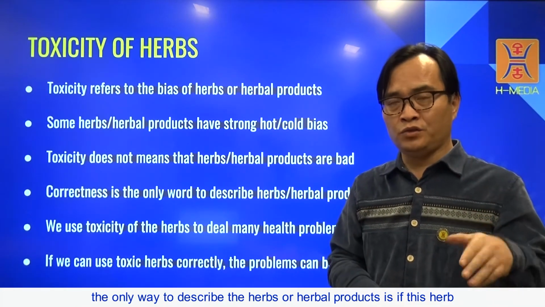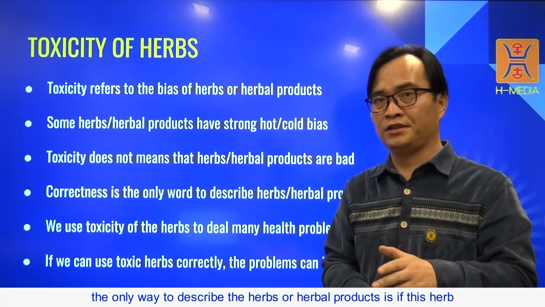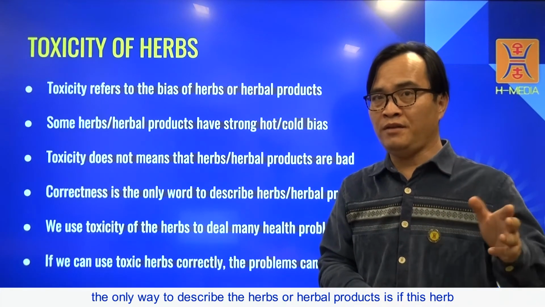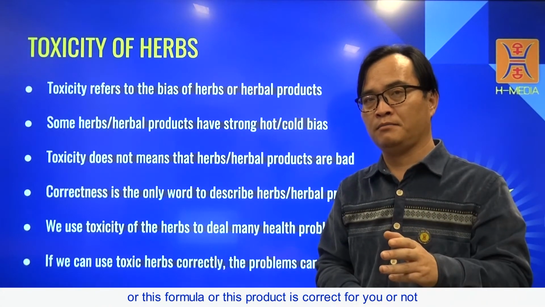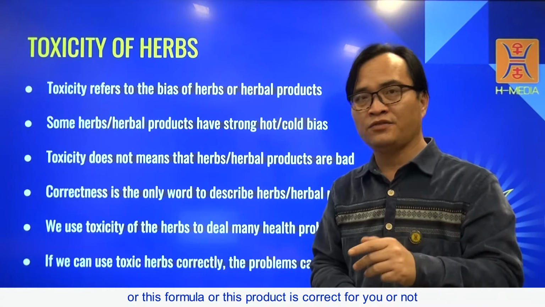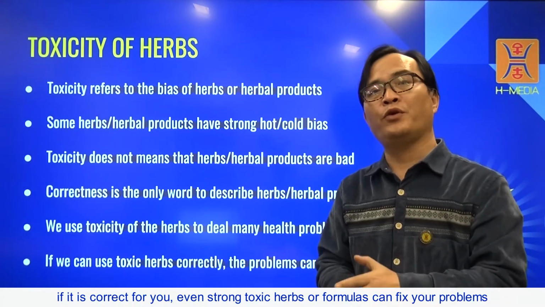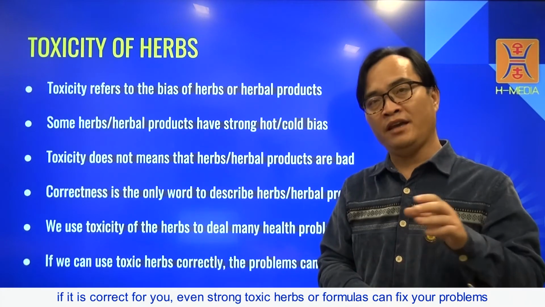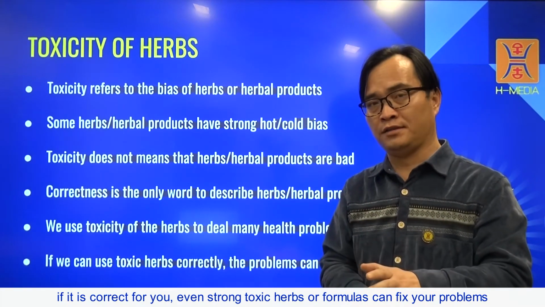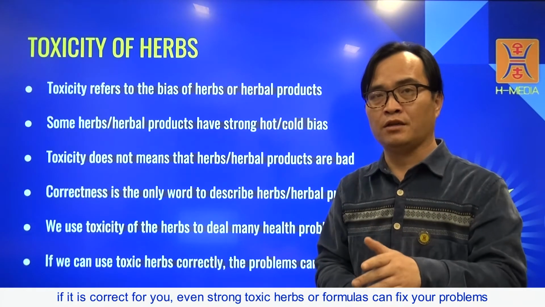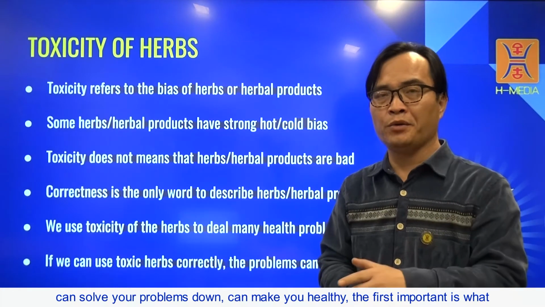The only way to describe herbs or herbal products is whether this herb, this formula, or this product is correct for you or not. If it is correct for you, even strong toxic herbs or formulas can fix your problems and make you healthy.